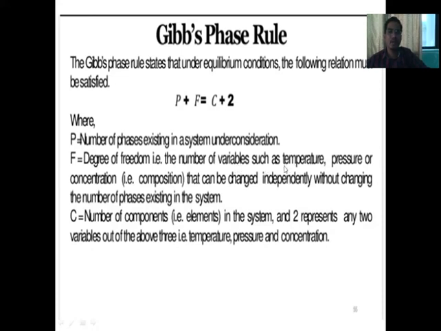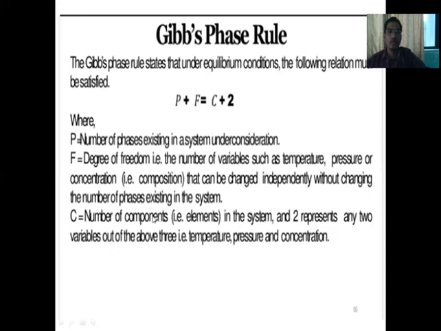Either temperature varies, or pressure varies, or concentration or composition, that is the percentage of alloying element, varies. We have to define which parameter is going to change independently without changing the number of phases existing in the system. That value is denoted by the letter F.